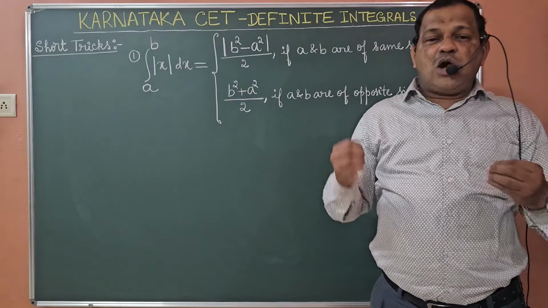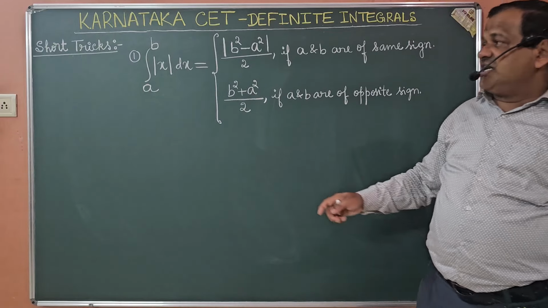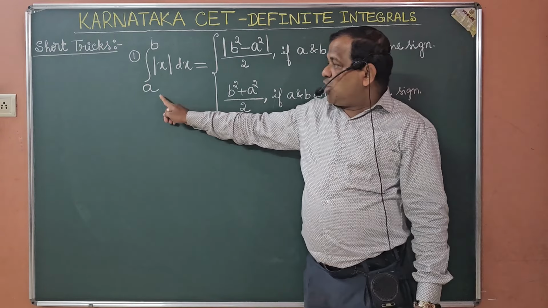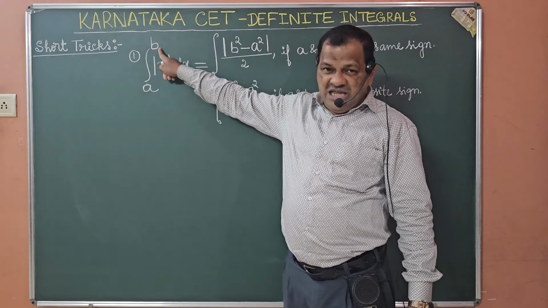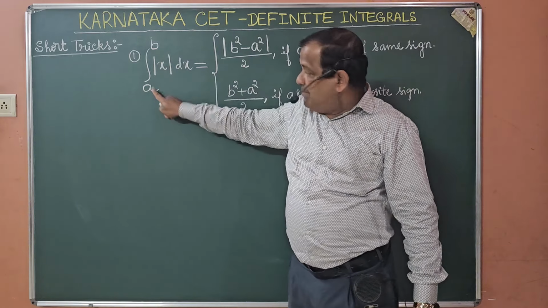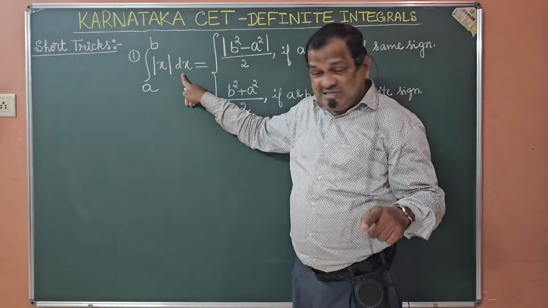Here I have a shortcut trick from definite integrals. The shortcut trick is for definite integration from a to b, lower limit a, upper limit b, of mod x function dx.